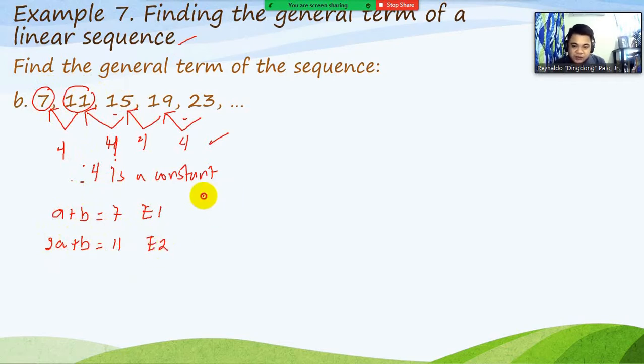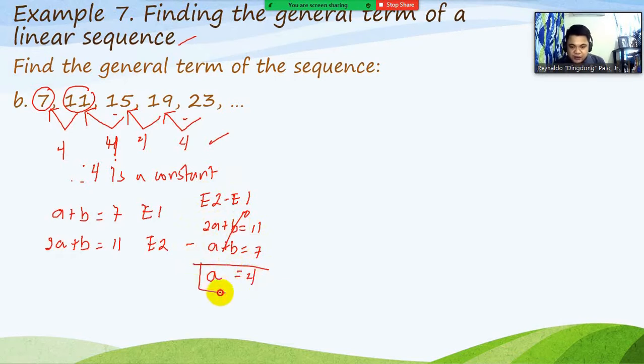To solve for a, you will be subtracting equation 2 minus equation 1. So 2a plus b equals 11 and minus a plus b equals 7. Subtract: 2a minus a is a, b minus b is 0, 11 minus 7 is 4. Therefore, a is 4. Now to solve for b, let us use equation 1.